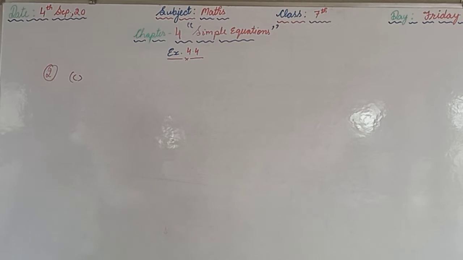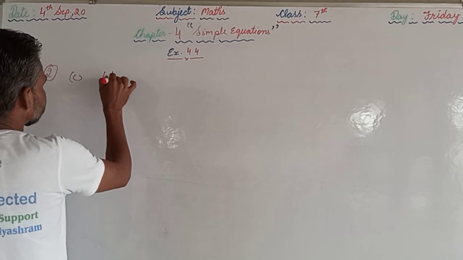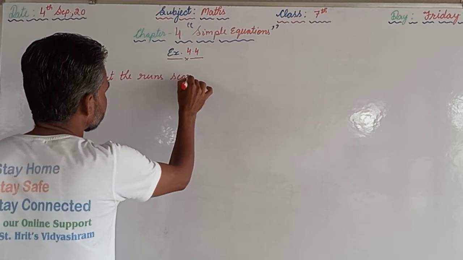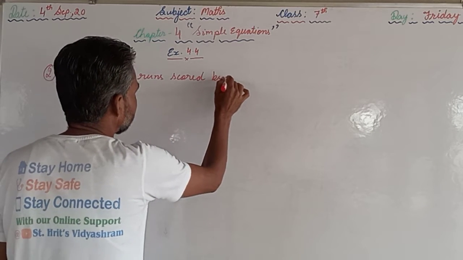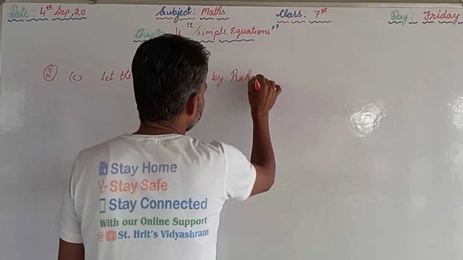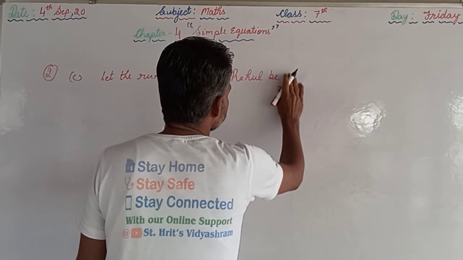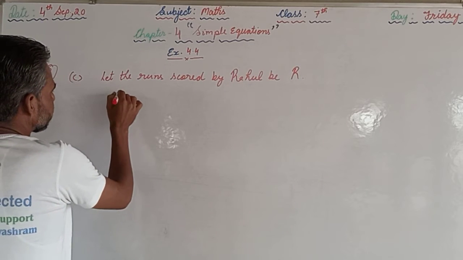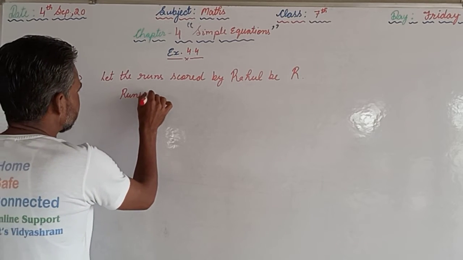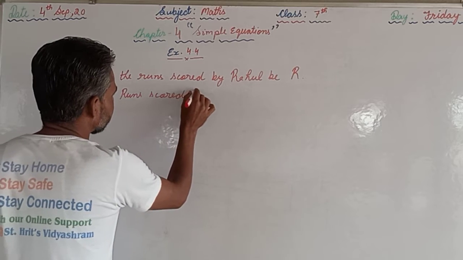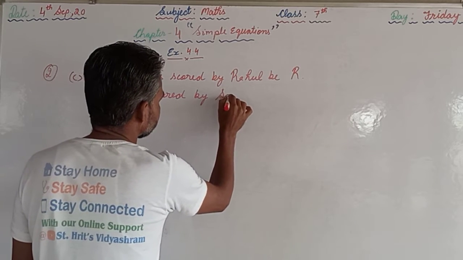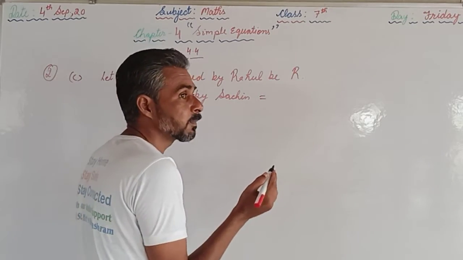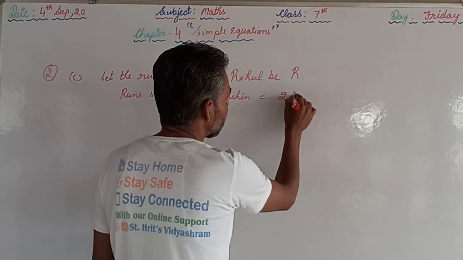So let the runs scored by Rahul be R. The runs scored by Sachin are twice as many as Rahul's, meaning 2R.